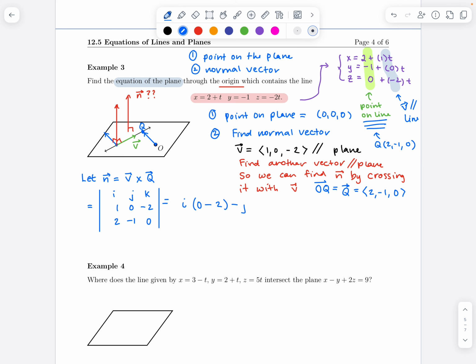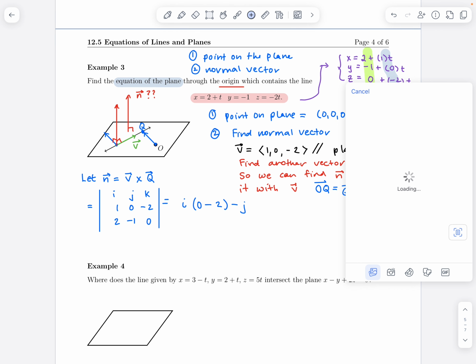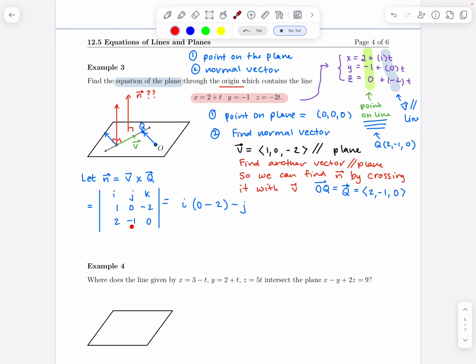Then because the sign on the jth entry is always negative according to our cross product formula, I come over here and cancel out the j column. My remaining matrix is going to give 1 times 0 minus 2 times negative 2, so I'm going to get 0 minus, and 2 times negative 2 is plus 4.